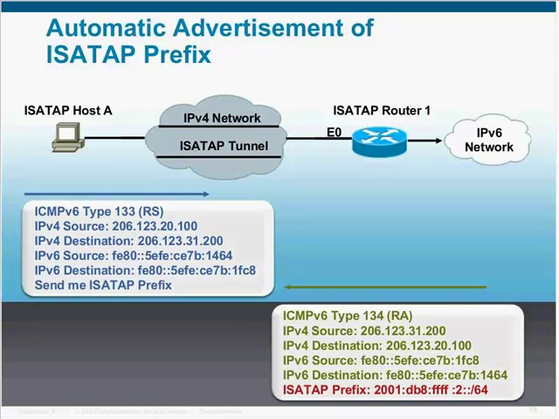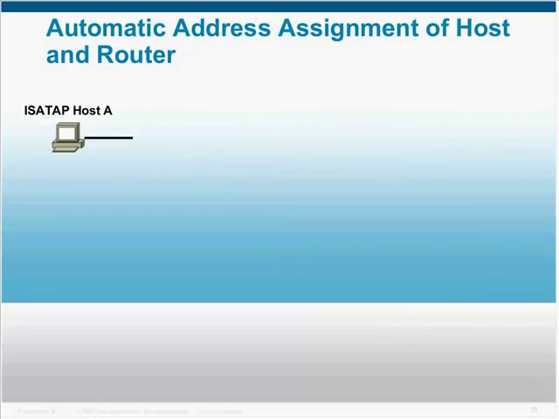There are two ways to do this. You can configure this address statically on the host, or you can acquire it via DNS, which is the technique most likely used by all of the customers I've worked with who deployed ISATAP. Let's go to the next slide.